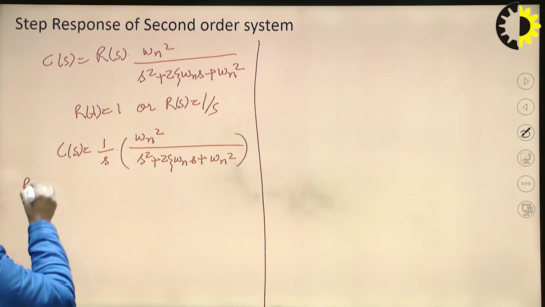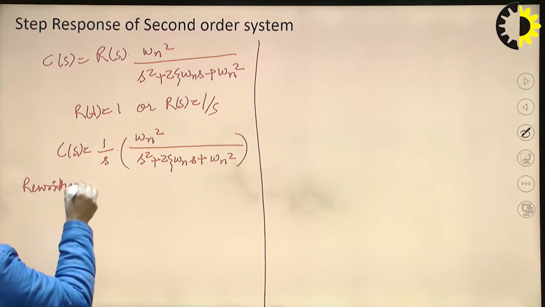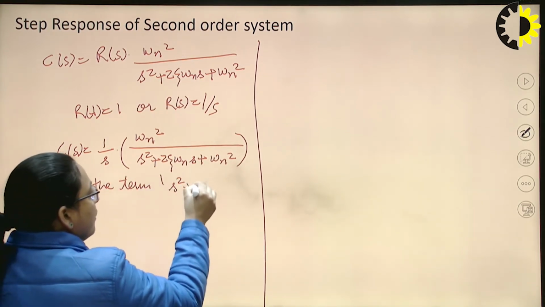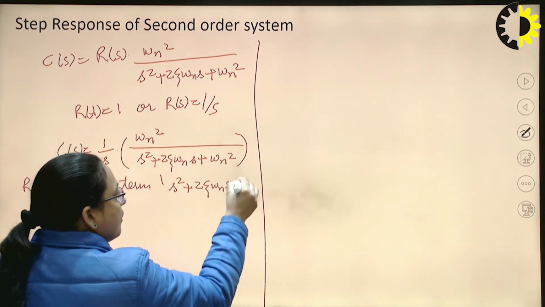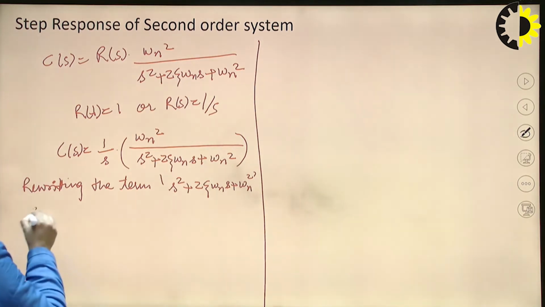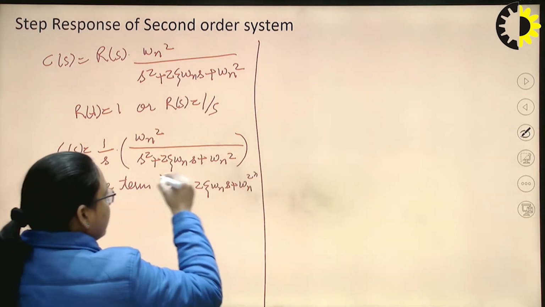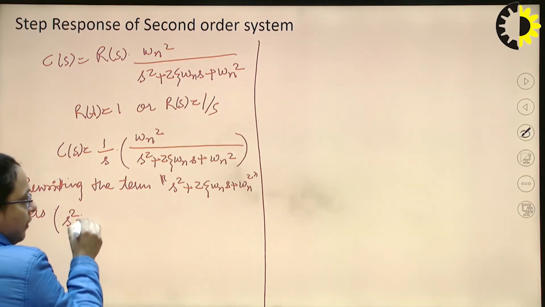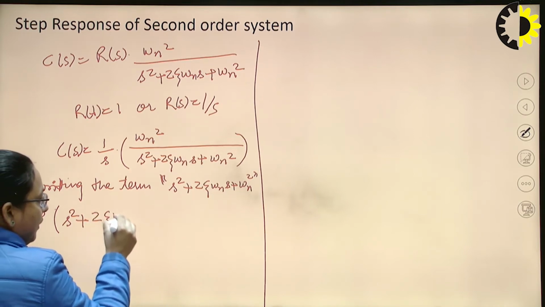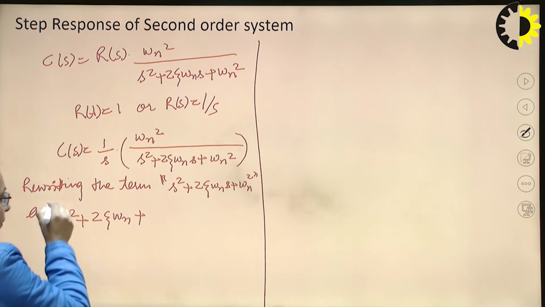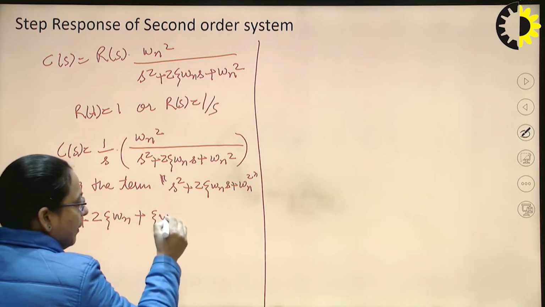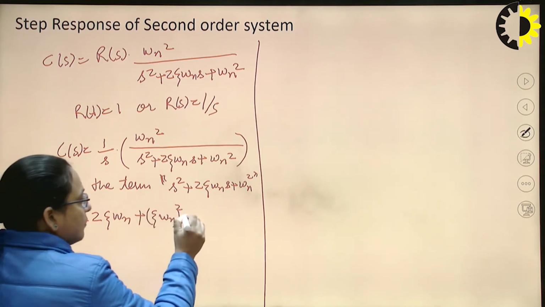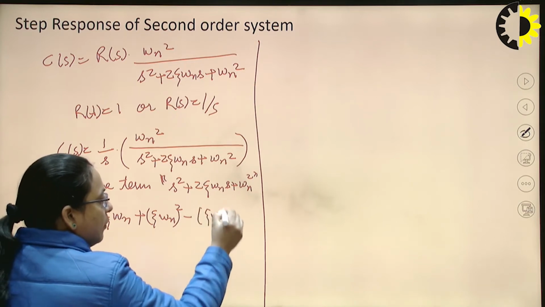So rewriting the term s square plus 2 zeta omega n s plus omega n square as s square plus 2 zeta omega n s plus zeta omega n whole square, minus zeta omega n whole square.